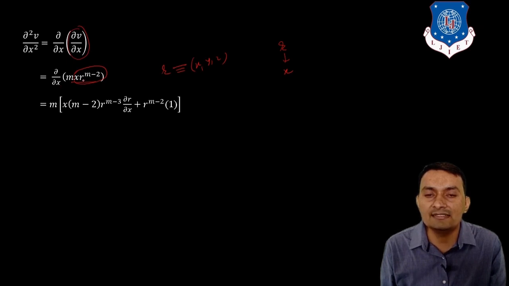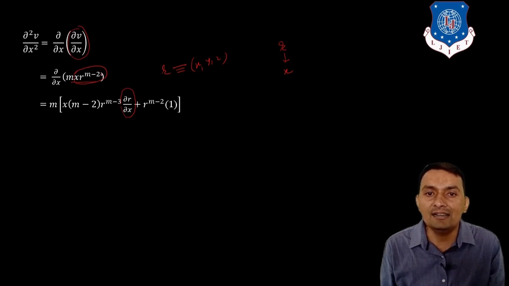But don't think that is a constant quantity, because r itself depends on three variables x, y, and z. So first we take the derivative with respect to r: m minus 2, r raised to m minus 3, and then the derivative of r with respect to x, that is del r by del x, and that thing we can replace.